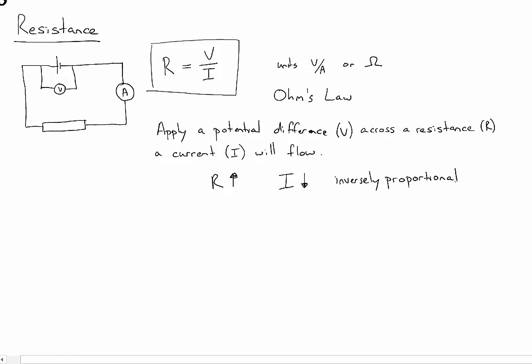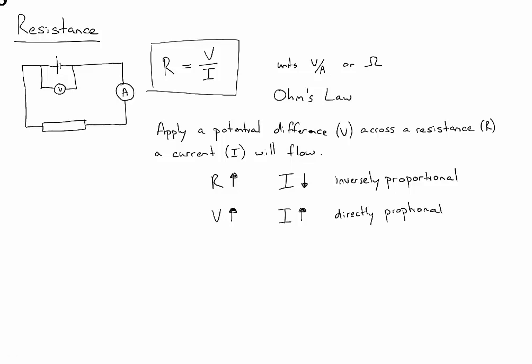And for a given resistance, if we have a high voltage applied across that resistance, a high voltage is a greater push, it means our current will be higher. Those two variables are directly proportional.